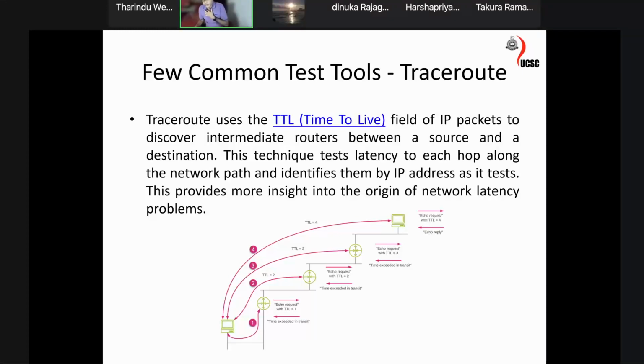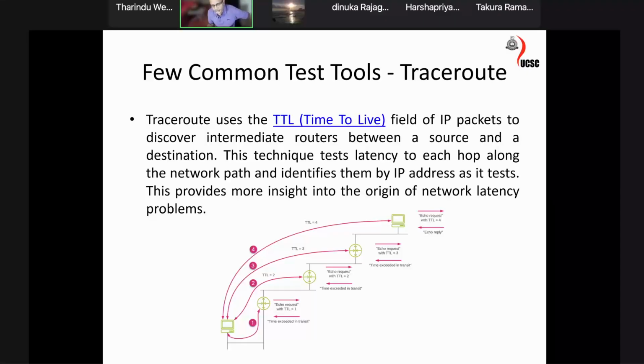When you run this traceroute application, what it is doing is sending an ICMP echo request with TTL number 1. Then it expires at the first layer 3 interface, which is a router in this case, and returns back to the source.